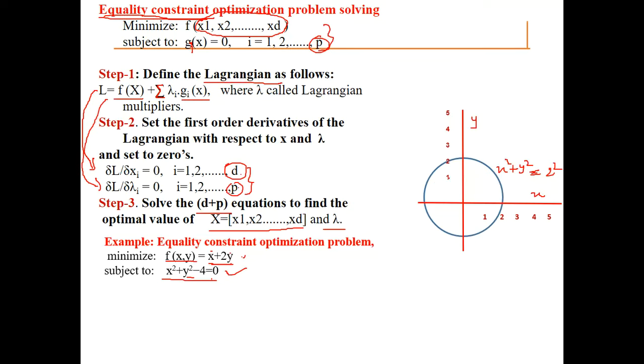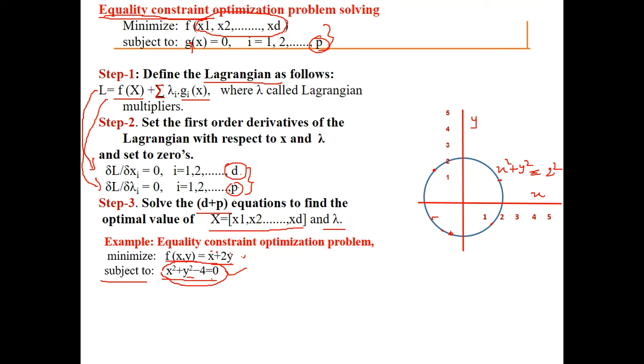The solution must lie on this circle, because this is the constraint. So the feasible region is all the data points on this circle.